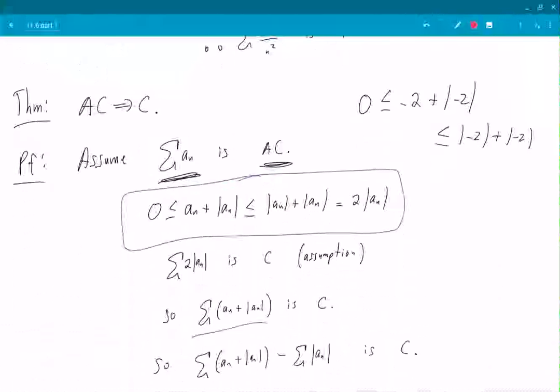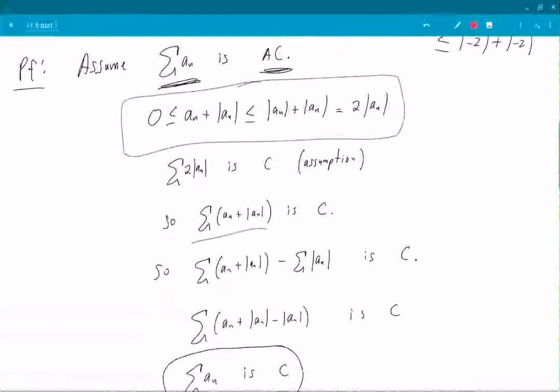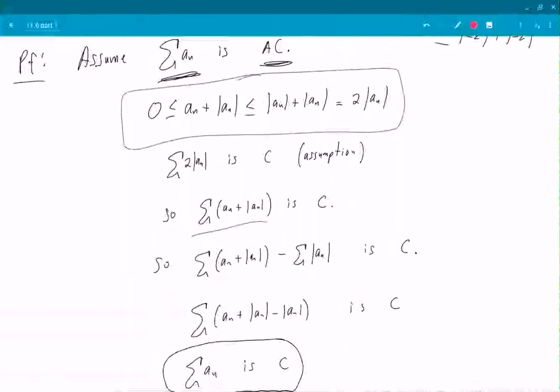And I do a technical trick here to prove eventually down here that this series is also convergent. So from the assumption that it's absolutely convergent, I'm able to prove that it's convergent. Therefore, in general, absolute convergence implies convergence. And the technical trick, there's not really much to add there.